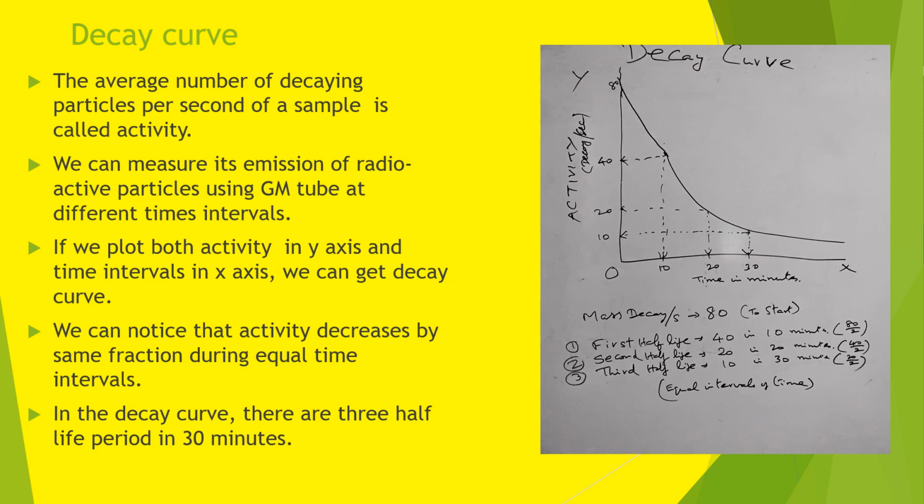We can measure this emission of radioactive particles using a GM tube at different time intervals. If we plot activity on the y-axis against time on the x-axis, we get the decay curve. We can notice that the activity decreases by the same fraction during equal time intervals. In the decay curve, there are 3 half-life periods in 30 minutes.